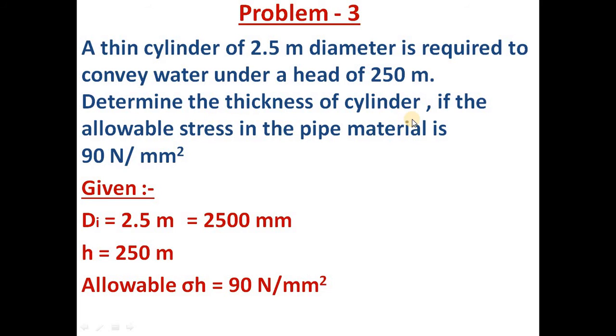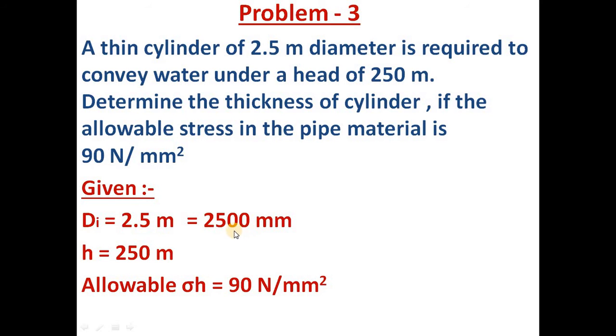Determine the thickness of the cylinder if the allowable stress in the pipe material is 90 Newton per mm square. Sigma h, hoop stress, is directly given. Diameter is given in the problem as 2.5 meter, which can be converted into millimeter as 2500 mm.